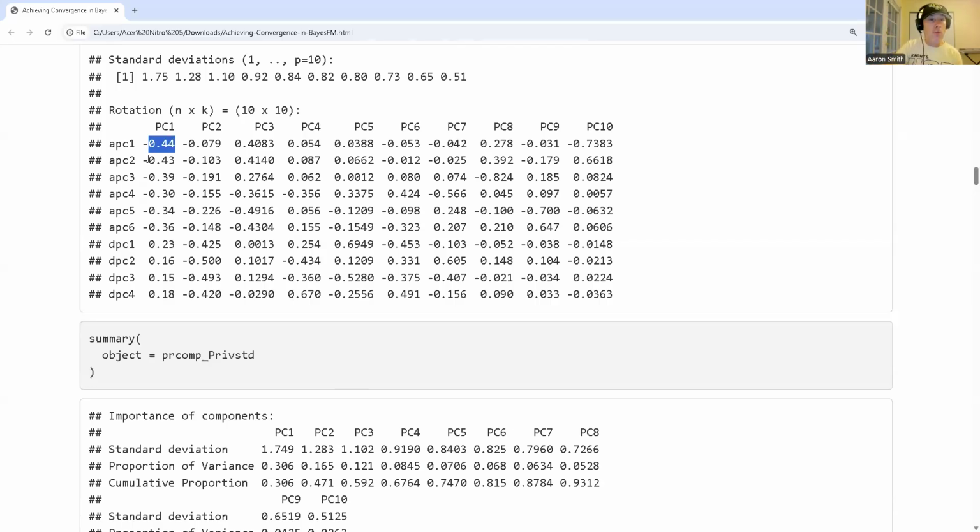I see the largest values in PC1 corresponding to the APCs. So I've got 0.4, 0.3 going on with the APCs, and they're all negative. And then the DPCs are lesser in magnitude, and they're all positive.